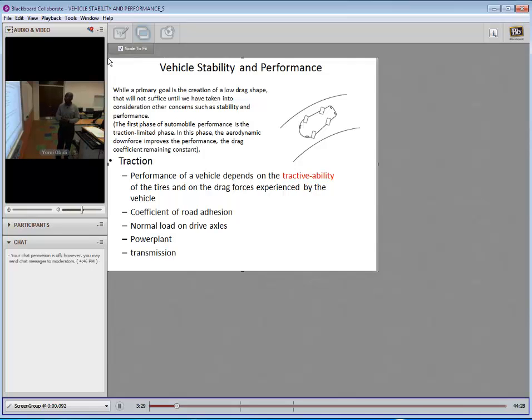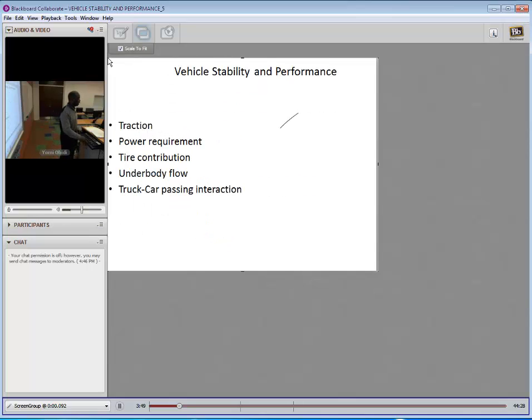The normal load on the drive axle that pulls the weight forward, the load acting on them, and how well the power plant and the transmission move the vehicle and the load along. These are the things to look at in vehicle traction. In this study, we'll look at traction.